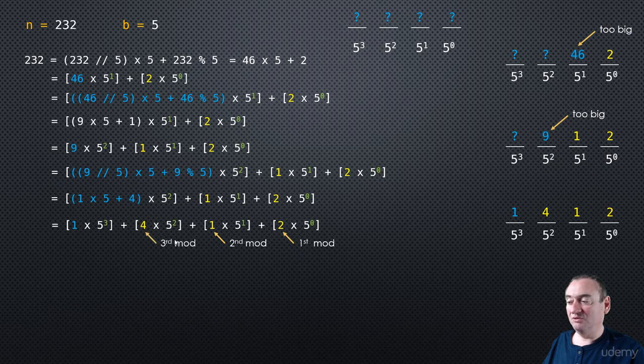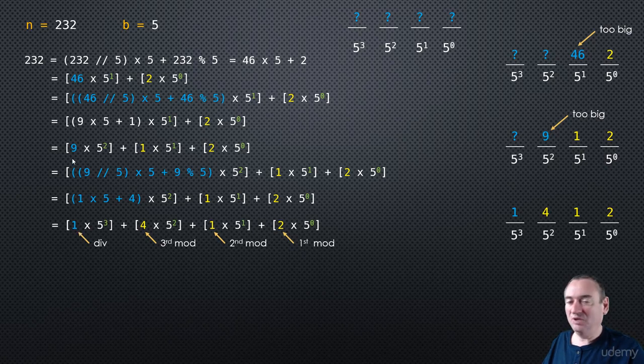The next one was the third mod that we took. So you can see we're just taking the mod results and using those as the digits. The only thing is that this one here was our last div. It's not a mod. And we want to write an algorithm as simply as possible. We could do it this way: we keep repeating the mods until the div's value falls below the greatest digit allowed for a base.